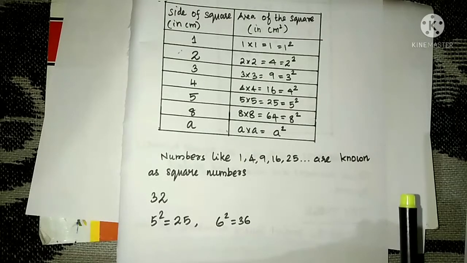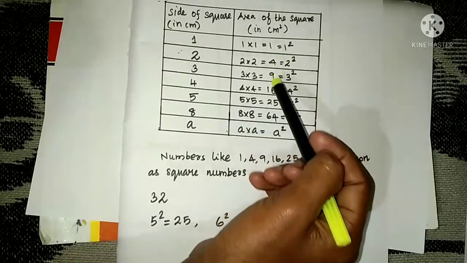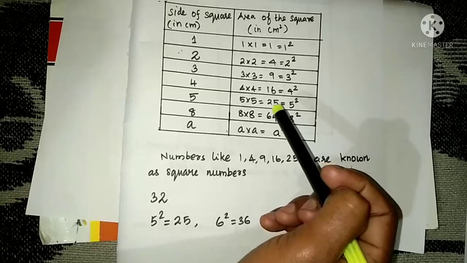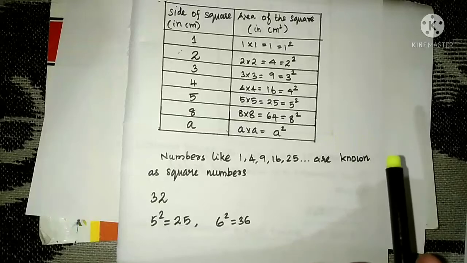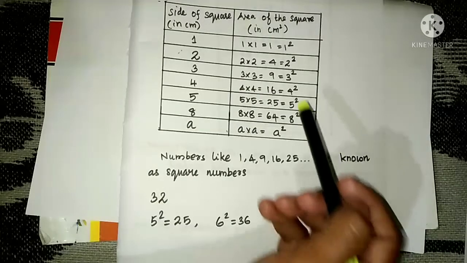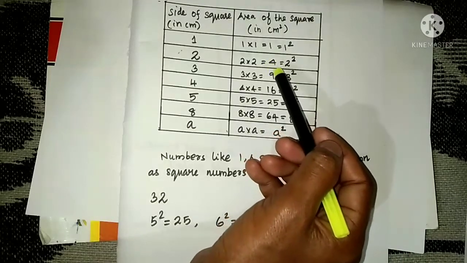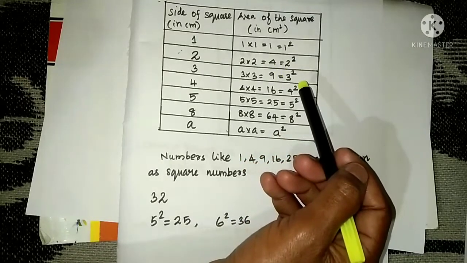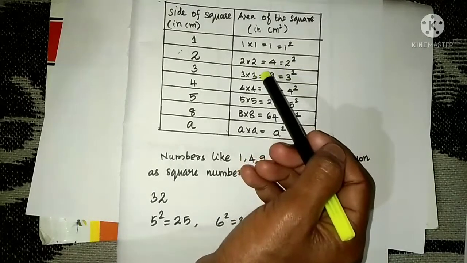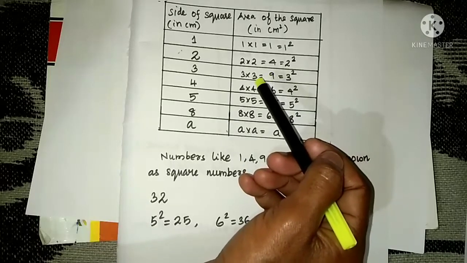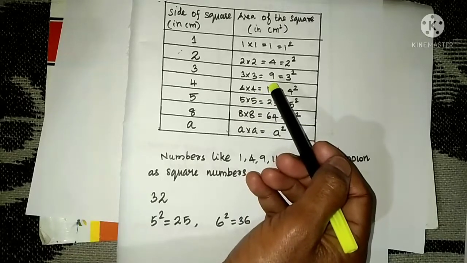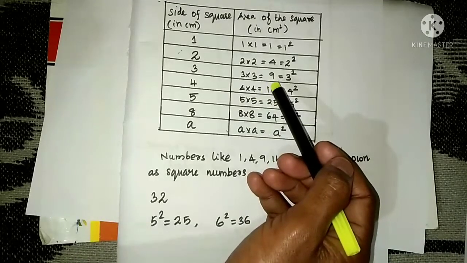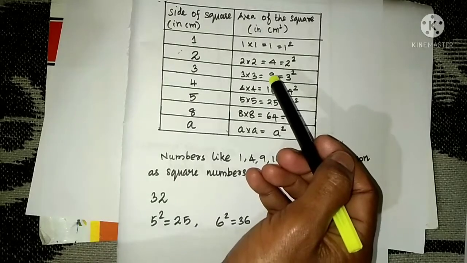What is special about the numbers 4, 9, 16, 25, 64 and other such numbers? Since 4 can be expressed as 2 into 2, that is 2 squared, 9 can be expressed as the product of the number with itself.